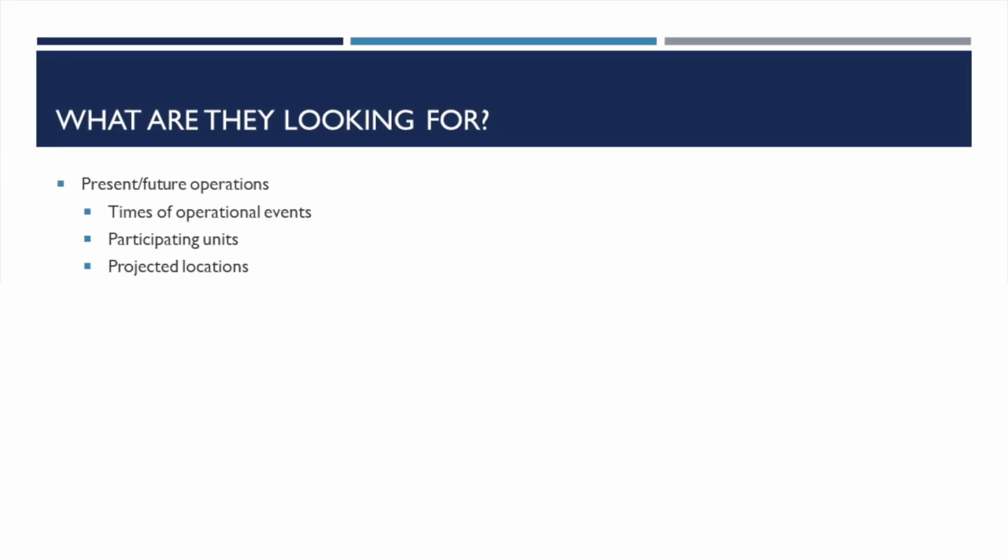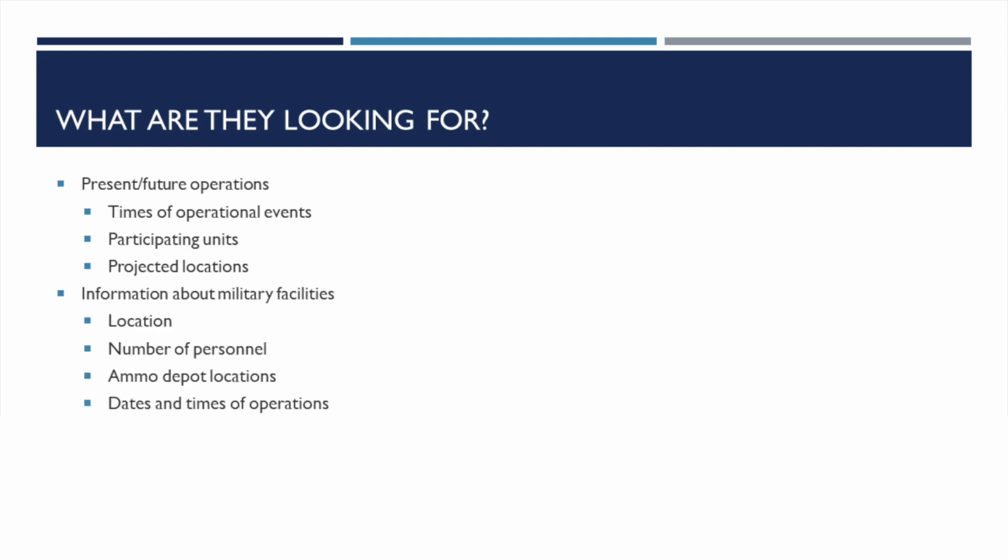It can vary. However, items such as present and future operations to include times of operational movements, participating units, and projected locations. Information about military facilities to include location, number of personnel, ammo depot locations, temporary operational locations, and vulnerabilities during those time frames.